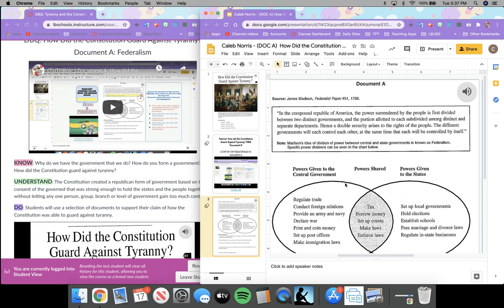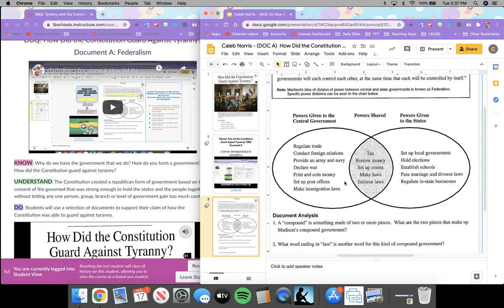If you look at the chart, we have the powers for the national government on the left-hand side, the powers of the state governments on the right, and the ones that they share in the middle. This shows how power has been distributed under Madison's idea of federalism: the separation of power between the national or central government and the states. What you need to understand is that federalism and compound are the same thing.